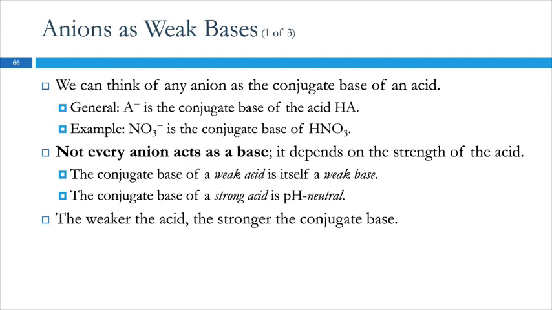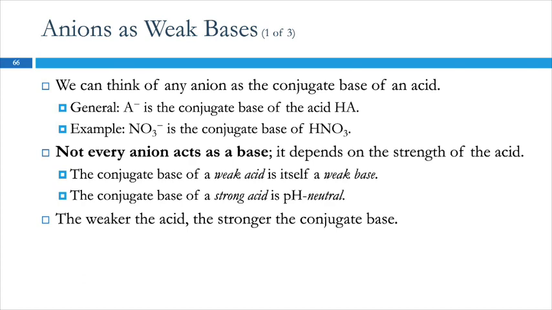So we can think of any ion as a conjugate base, but not every ion acts as a base. It depends on the strength of this acid. The conjugate base of a weak acid will be a weak base. The conjugate base of a strong acid will be pH neutral.